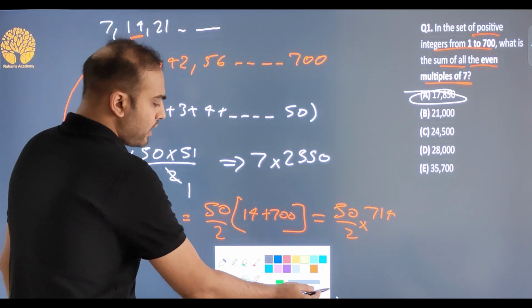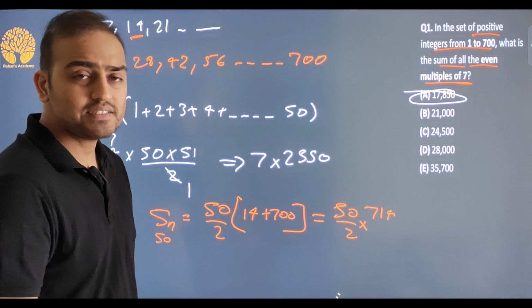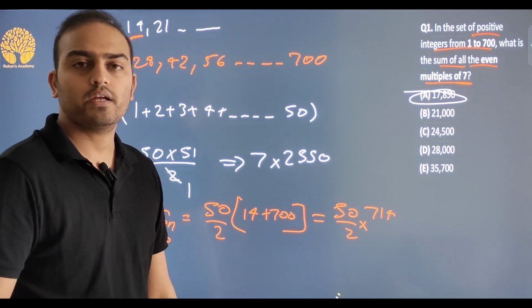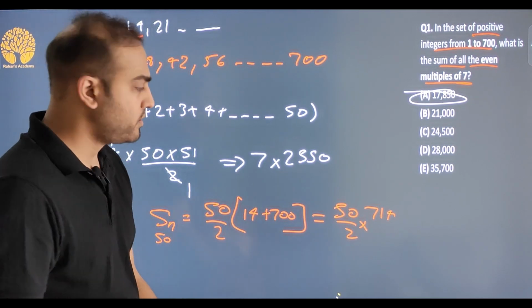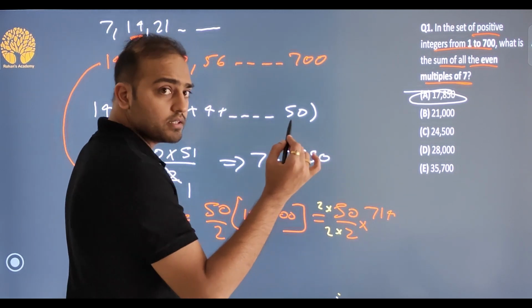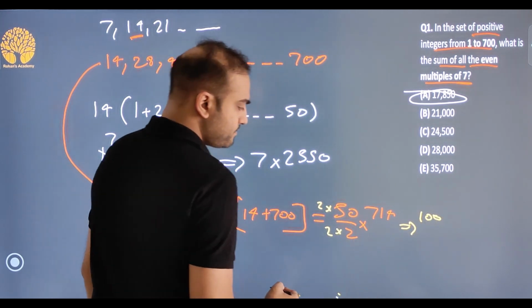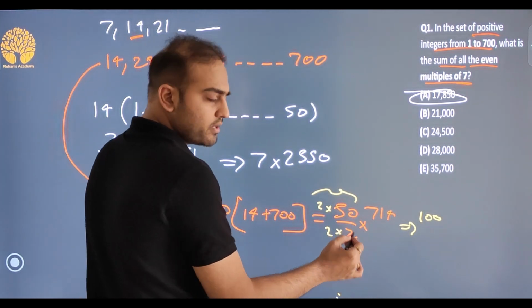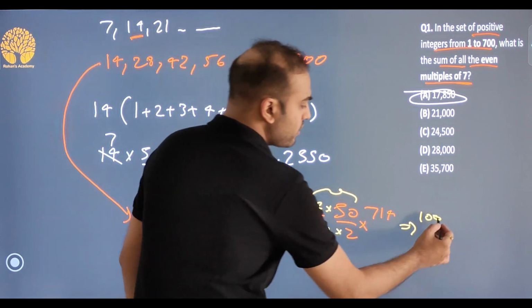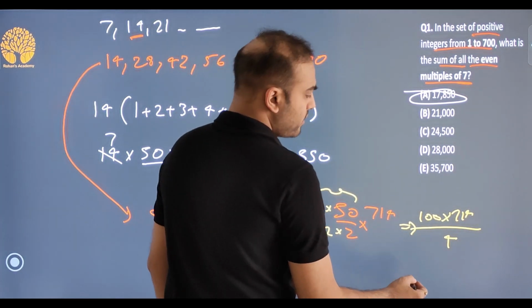I can cancel 2 in this, but then multiplying will again be a problem. Instead, because I have a 50, why don't I just make it 100? See, I multiply by 2 and multiply this also by 2, right? What happens? This becomes 100, right? This becomes 100 times 714 by 4, right?